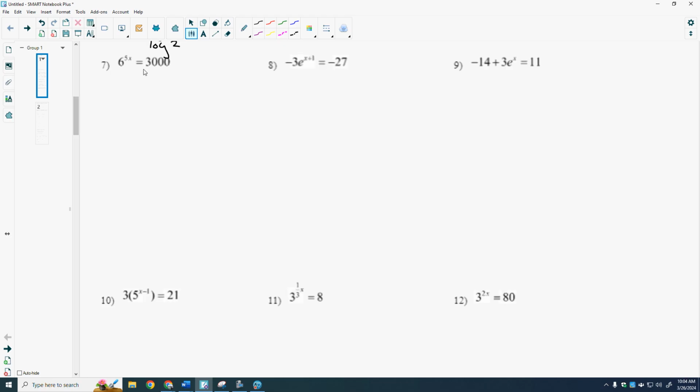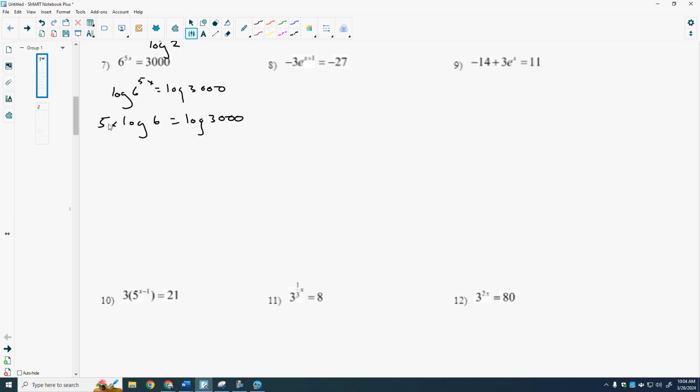Okay. I have the exponential already isolated. So I'm going to take the log of both sides, bring the 5x down in front. In this case, the 6 is not a 10, not an e, so I can pick whichever one I want, ln or log.